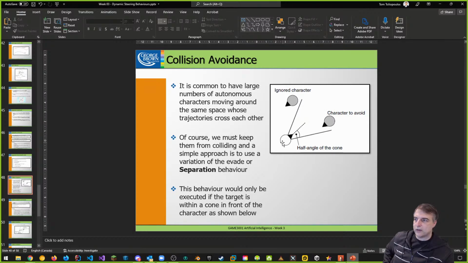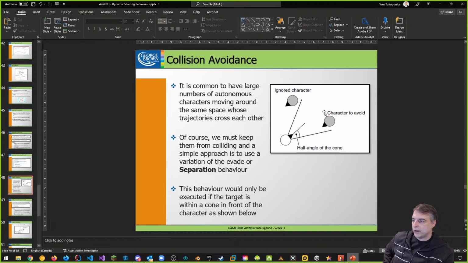So I have two autonomous characters here, and they're in my cone of possibilities. I might collide with them. So what am I going to try and do? Avoid. Whereas this character is outside of my cone of detection, or my cone of potential collision, so I'm going to ignore this character. And again, what we're going to use is separation behavior or evasion in order to do that.